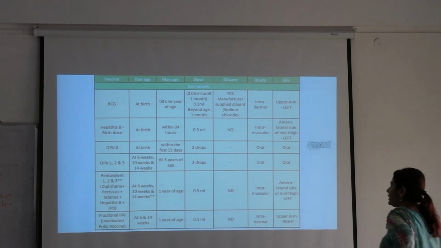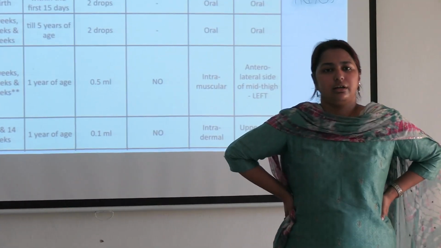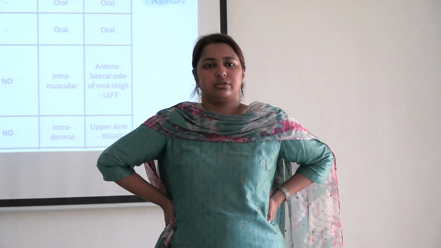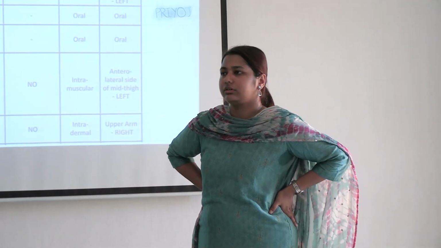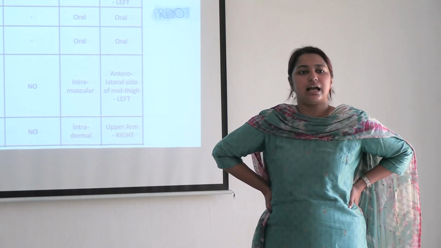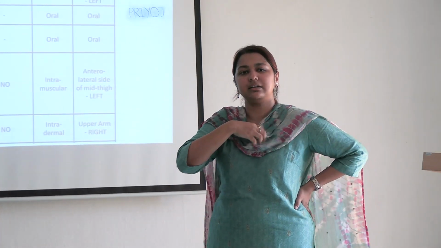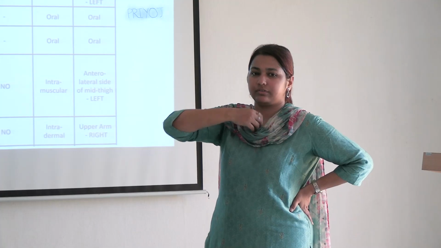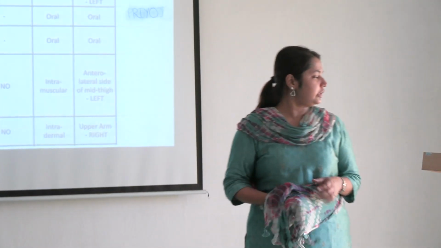Now BCG, hepatitis B, OPV, what types of vaccines are these? Which one is live and which one is killed? OPV is live, BCG is live attenuated, OPV is live attenuated.